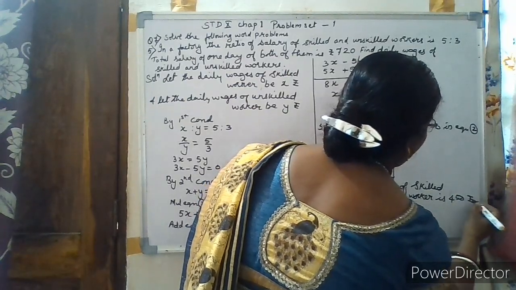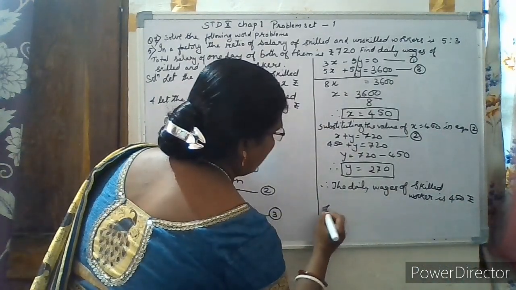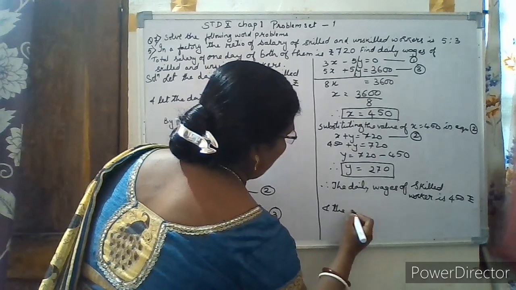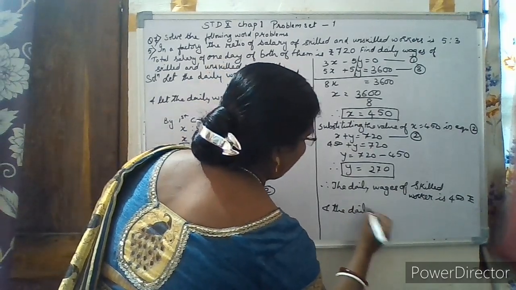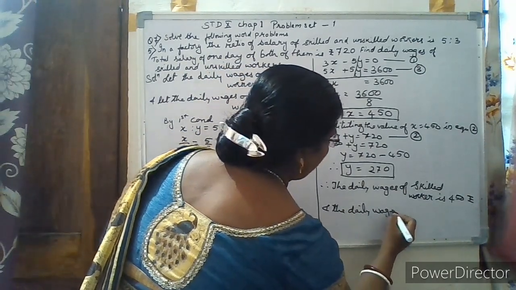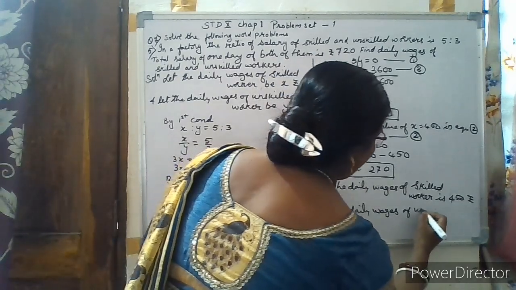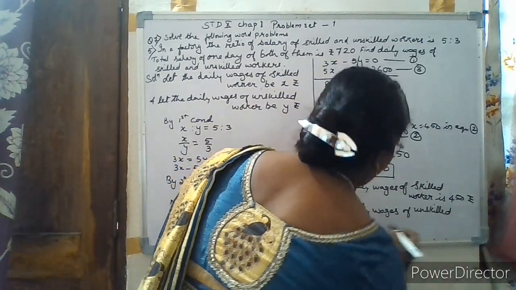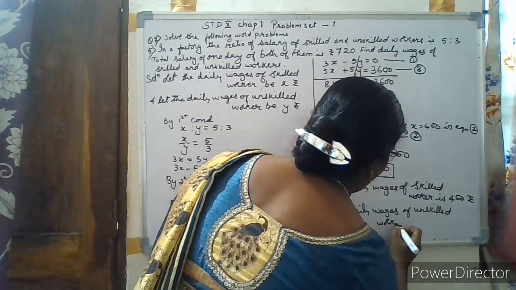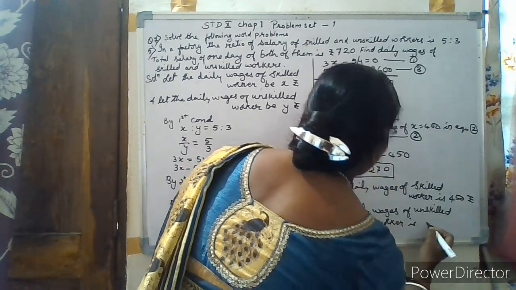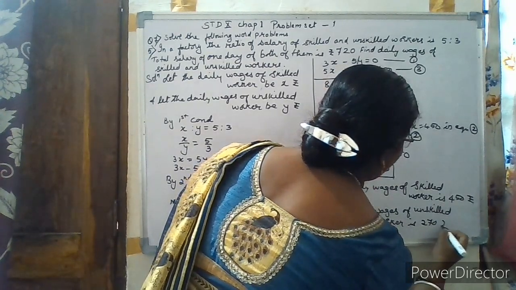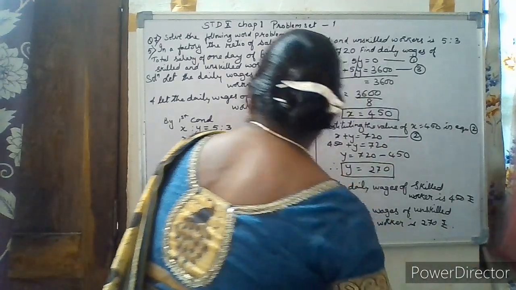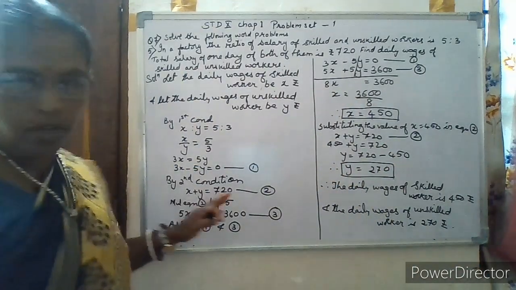And the daily wages of unskilled worker is 270 rupees. So this is the concluding answer.